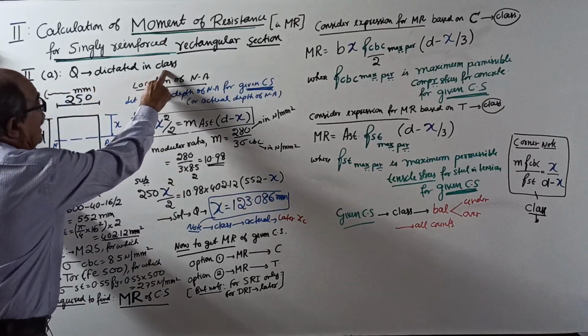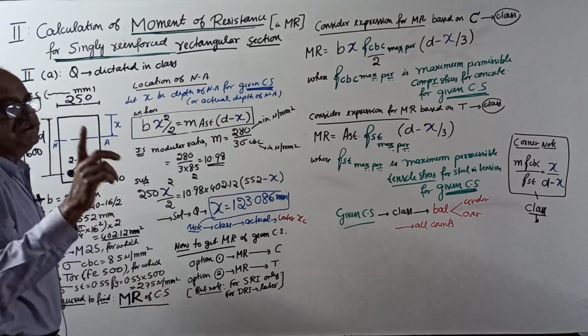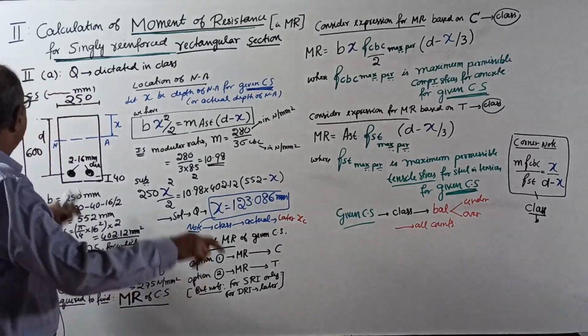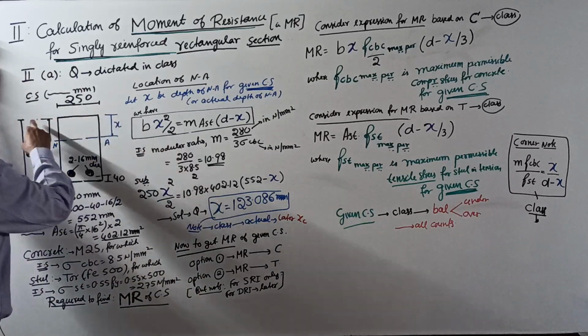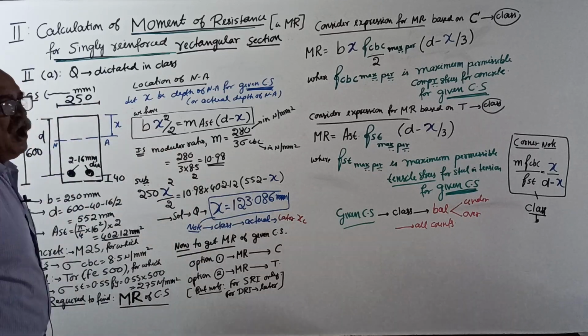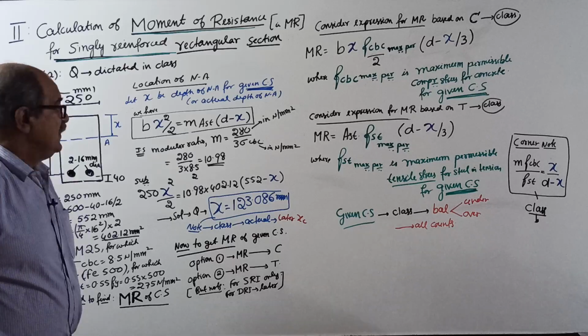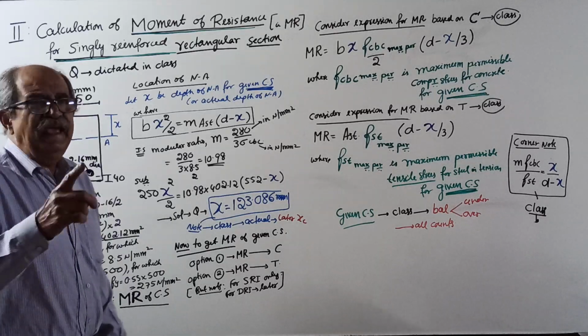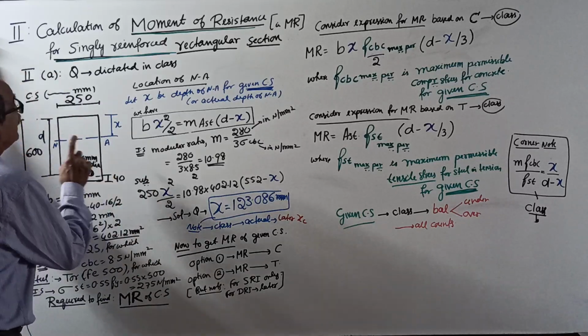Question dictated in class. A rectangular section of an RC beam, 250 mm wide and 600 mm deep, is reinforced on the tension side by 2 bars of 16 mm diameter at a clear cover of 40 mm.